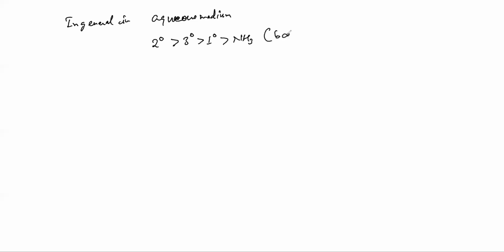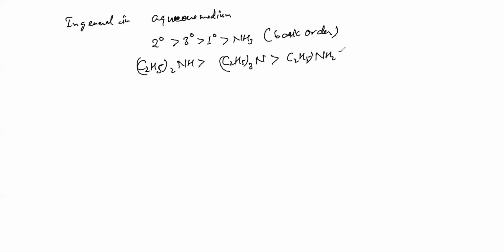This is the basic order. Means (C2H5)2NH will be more basic than (C2H5)3N, which will be more basic than C2H5NH2, and it will be more basic than ammonia. We have already discussed this in GOC.